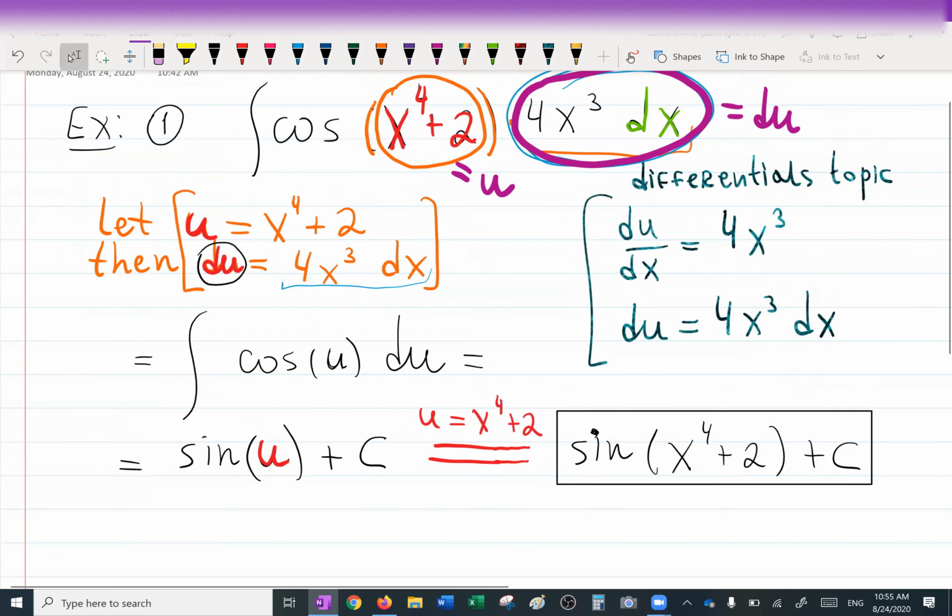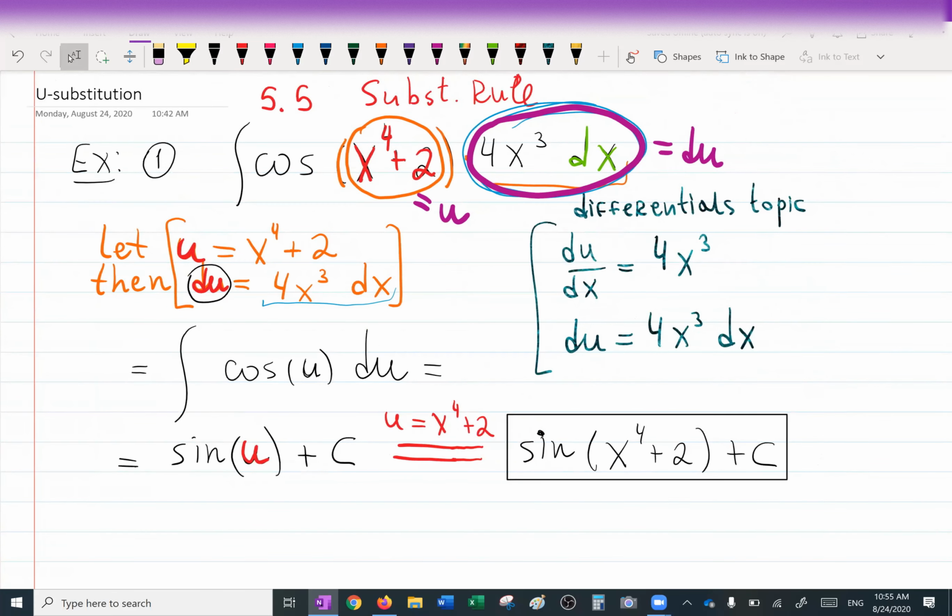So the idea: we have an integral, it looks complicated, and we're going to have lots of complicated integrals in the next 1.5 months. This integral has cosine with something in it. You should just think, if cosine has something in it, maybe let's make it easier.